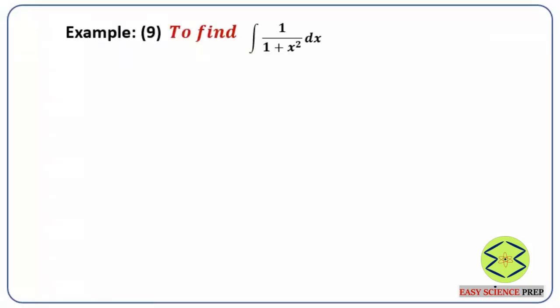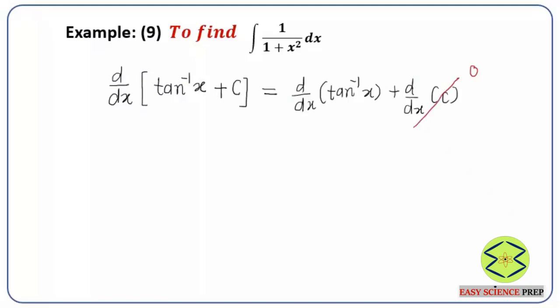We have to find the integration of 1 upon 1 plus x square. The derivative of tan inverse of x is 1 upon 1 plus x square. So I am going to take the derivative of tan inverse of x and c. C I can always take because there may be some constant whose derivative becomes 0, right? So it is always advisable to take a constant. So tan inverse of x plus c, and the derivative of tan inverse of x is going to be 1 upon 1 plus x square.